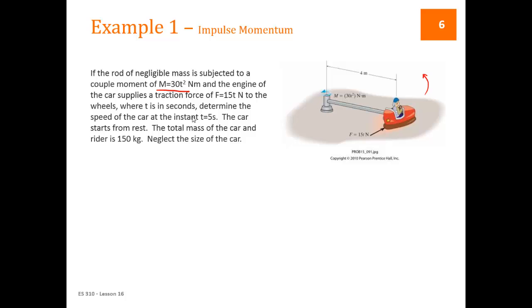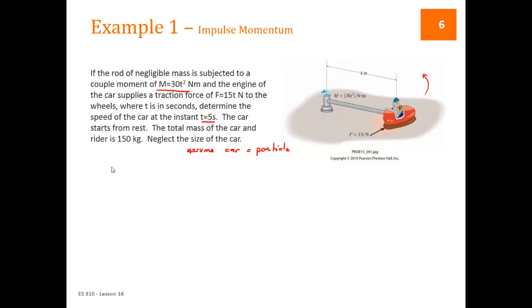We need to figure out what the speed of the car is at t equal to 5 seconds. So after this moment and this force have been applied to the car for 5 seconds, how fast is the car going? And we're given the total mass of the car. And we're told we can neglect the size, so we're going to assume the car is a particle, because all of the things we've learned so far only apply for particles.